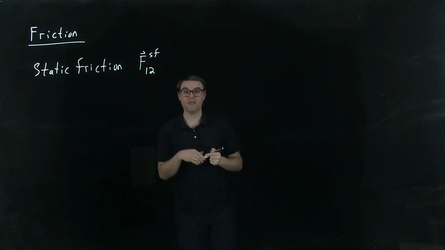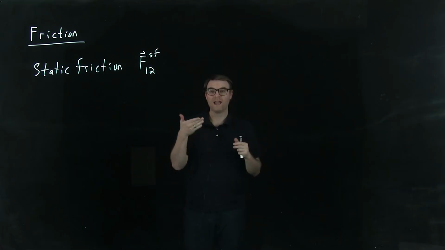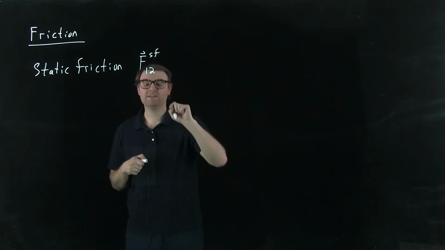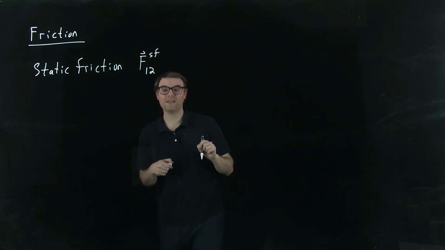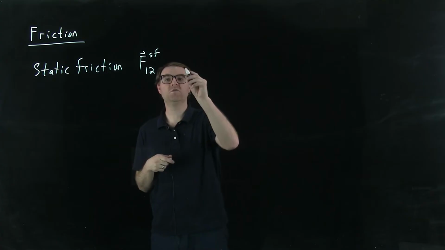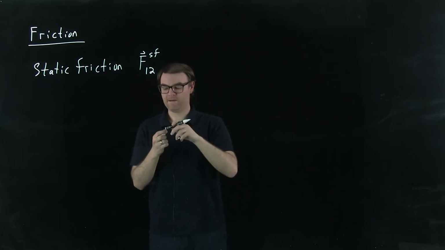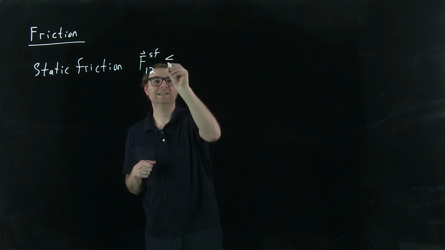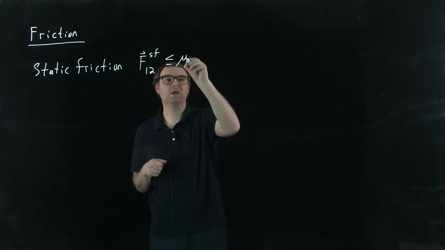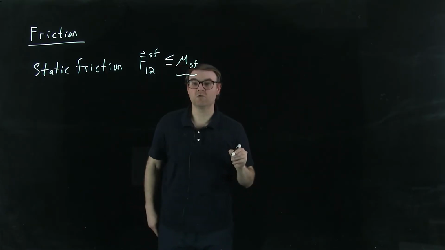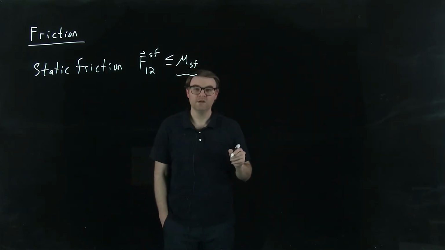And we can actually develop a quantitative model for how static friction works. Like any other force, the static friction force is a vector, which means I care both about its direction and its magnitude. So for the magnitude, all I can say is that the static friction force is less than or equal to something called the coefficient of static friction, which we will symbolize with the Greek letter lowercase mu.